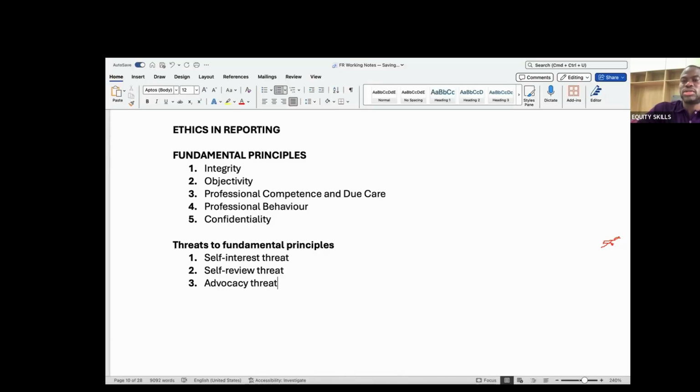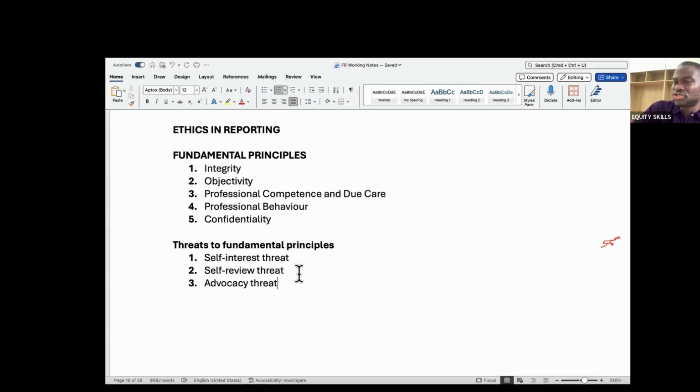What you're talking about is positive, is good. So advocacy threats will arise for you as an accountant where you present information on your company to a third party, and that information is false.